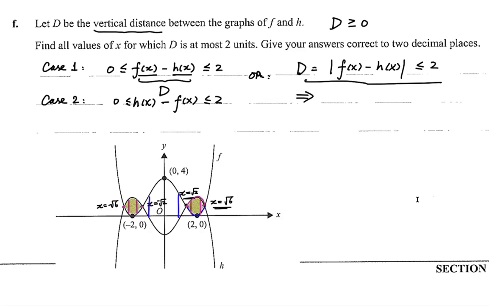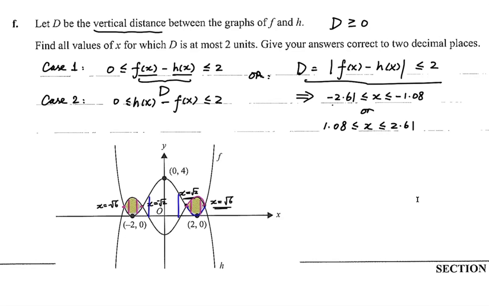The first set is minus 2.61 smaller than or equal to x, smaller than or equal to minus 1.08. Or you can say 1.08 smaller than or equal to x, smaller than or equal to 2.61. Okay?